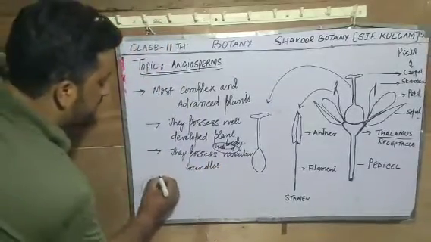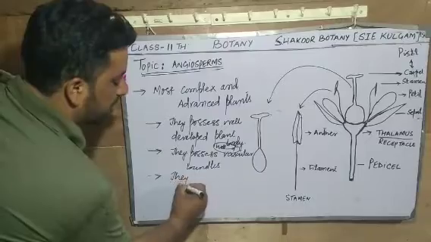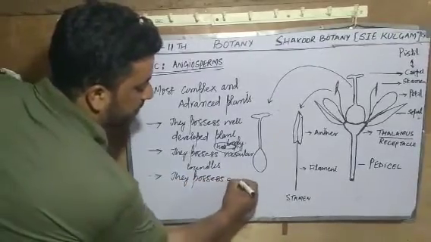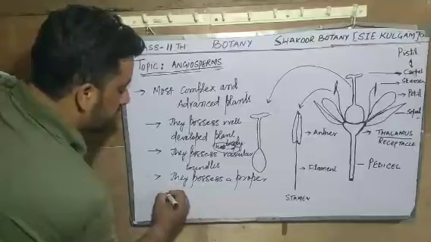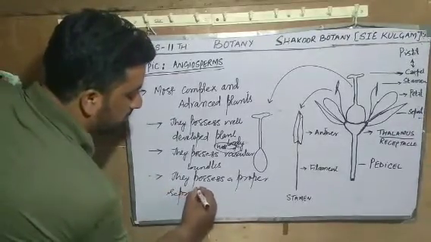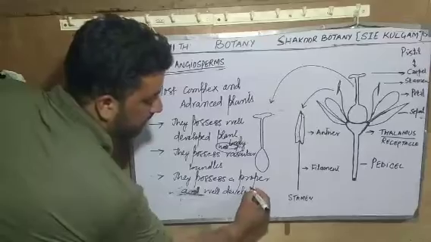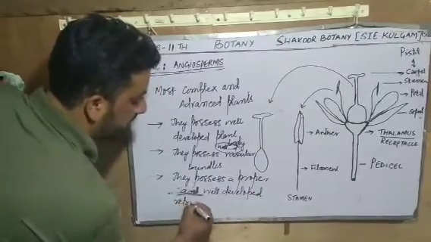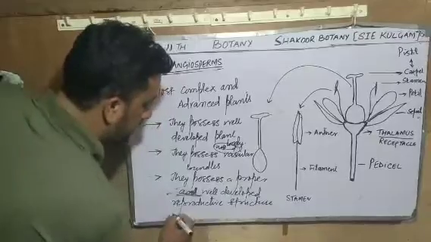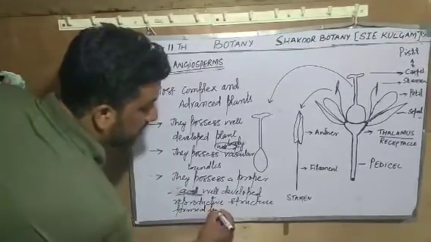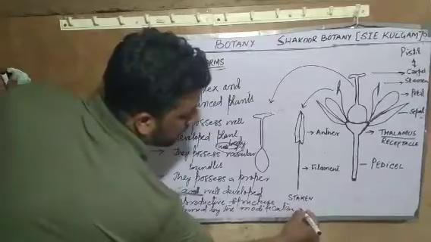And the third important point why angiosperms are the most complex and advanced plants is because they possess a proper and well developed reproductive structure or unit, a structure formed by the modification of shoot.